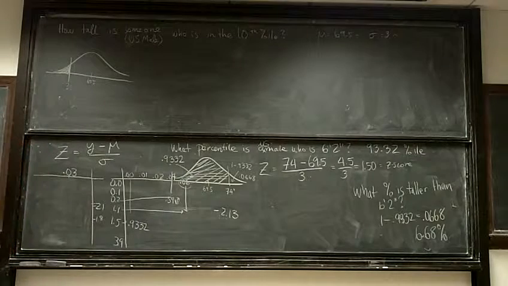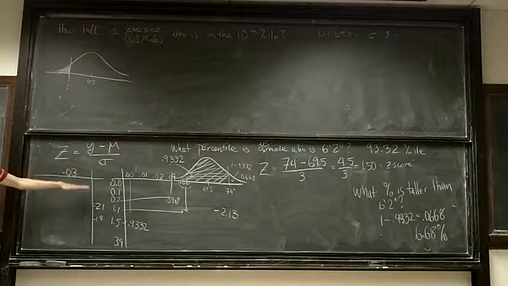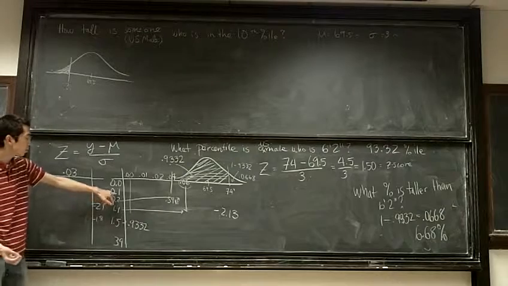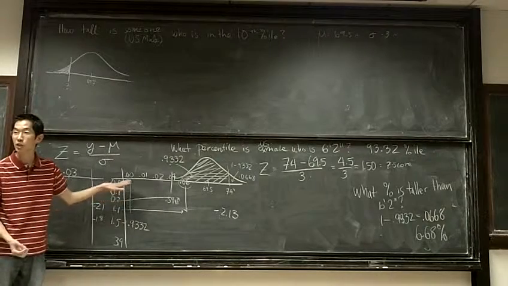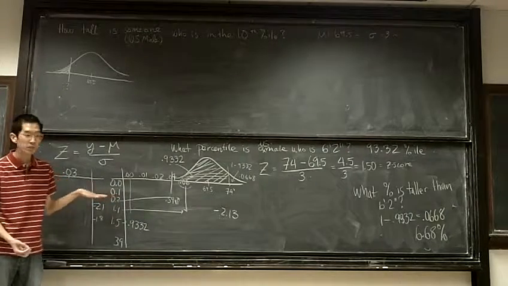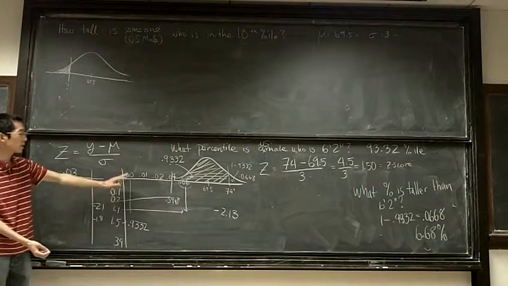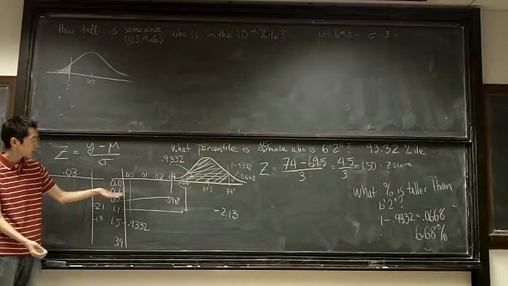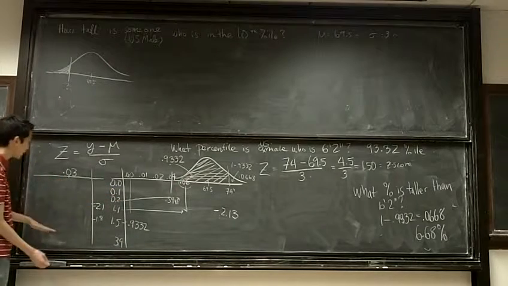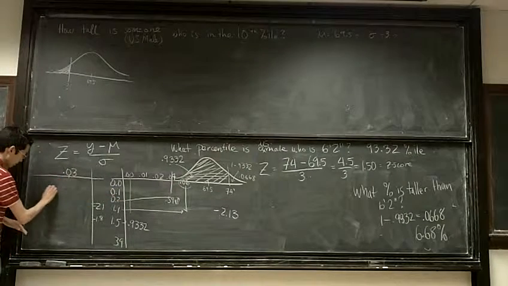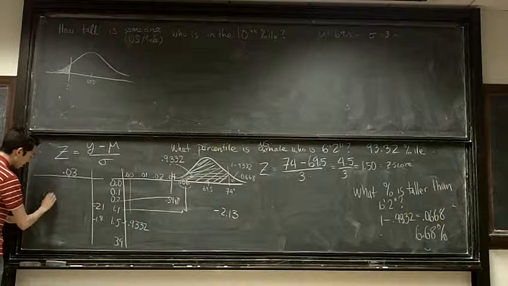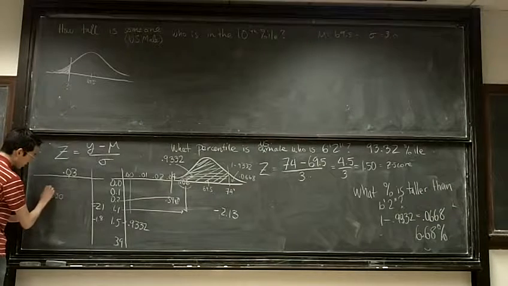So we don't look up 0.10 as a z-score. We have to find the area that's as close as possible to 0.1000.